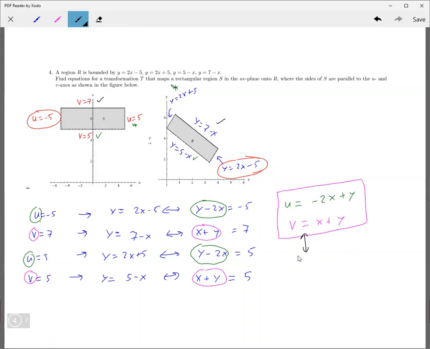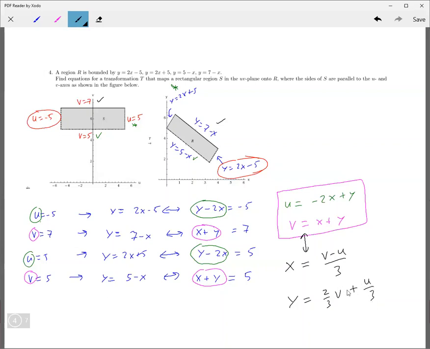I'm just saying if you want to find the Jacobian, then you'll have to solve for x and y. And I think you could probably figure out how to do that. But anyways, here's what you get. x is (v minus u) over 3, and y is (2v plus u) over 3.